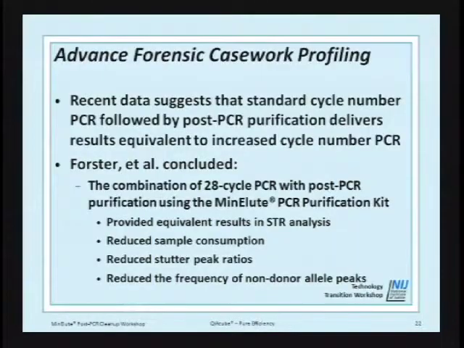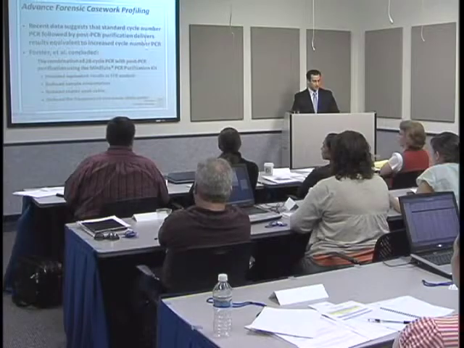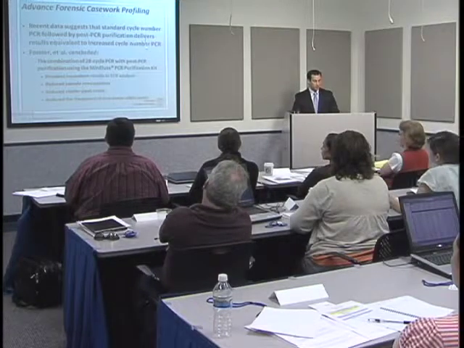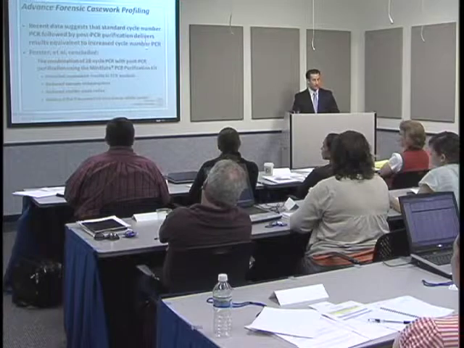Recent data suggests that the standard cycle number PCR followed by post-PCR purification delivers results equivalent to increased cycle numbered PCR. As Matt was going over yesterday, this Foster et al. paper shows that the combination of the 28 cycle PCR with post-PCR purification using the MinElute PCR purification kit provided equivalent results in STR analysis, reduced sample consumption, reduced stutter peak ratios, and reduced the frequency of non-donor allele peaks.